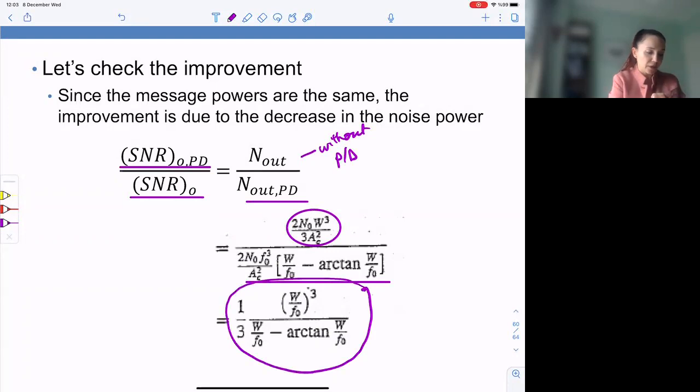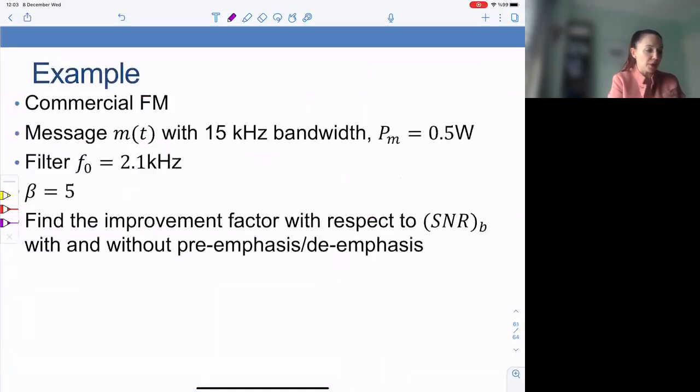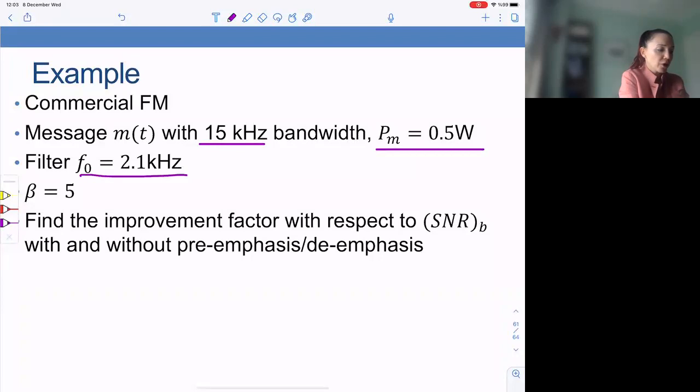Let's plug in some numbers. With commercial FM values, for example, 15 kilohertz message bandwidth, PM 0.5 watts, let's suppose f0 is 2.1 kilohertz and beta equals 5. Let's find the improvement factor.